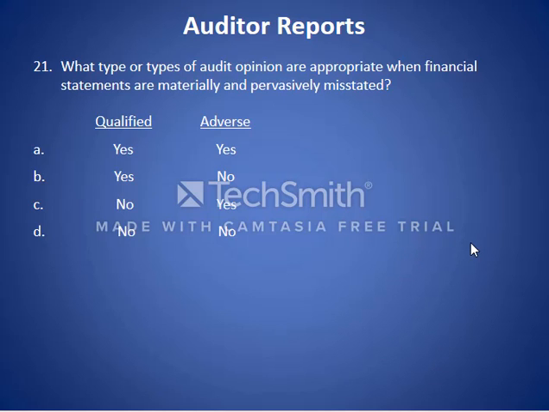We're given 2 types of audit opinions: qualified opinion and adverse opinion. So go ahead and look at the 4 situations, and based upon your analysis, come up with what you feel is a correct answer. And when you're ready to restart your video, go ahead and review the answer slide to question number 21.